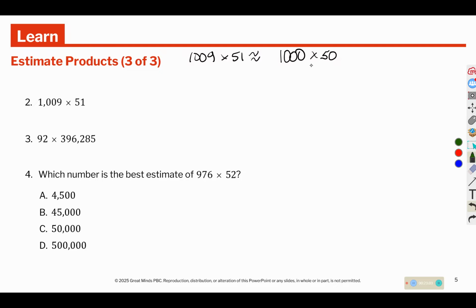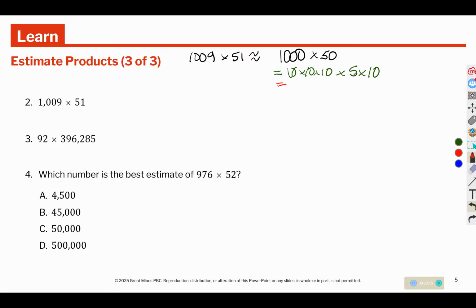Now we're going to work on this piece, so the next steps will be equal to the piece from before. 1,000 is 10 times 10 times 10, and 50 is 5 times 10. This next line is equal to the one above it.